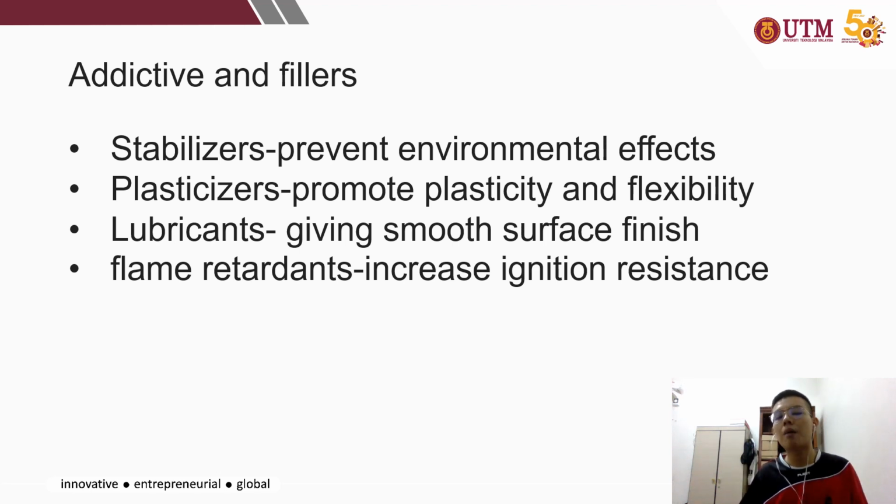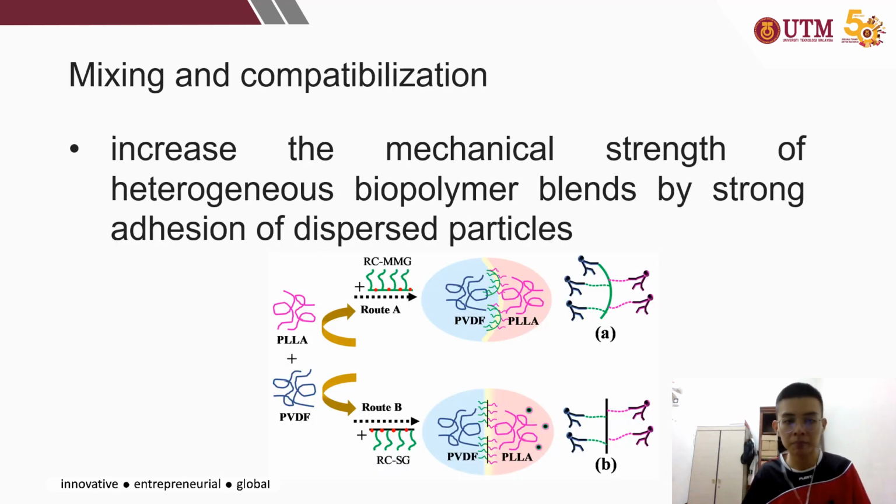After that, flame retardants, because polymers, like I said just now, have a lot of hydrocarbons, so they are highly flammable. Flame retardants will increase ignition resistance, and if the plastic burns, they will decrease the amount of smoke released.